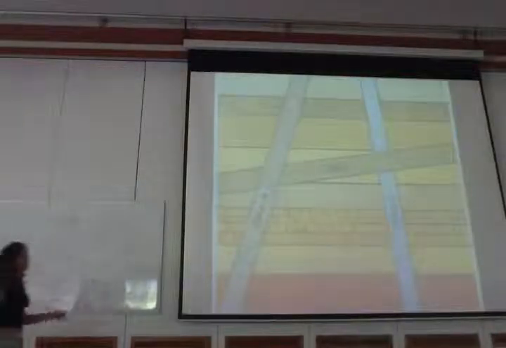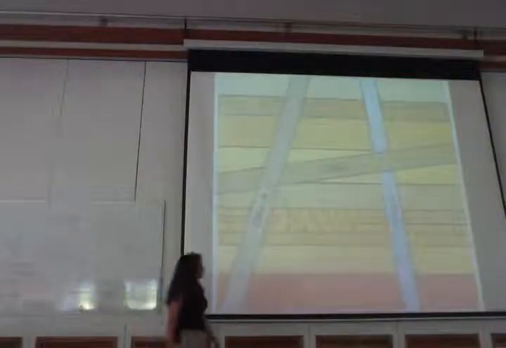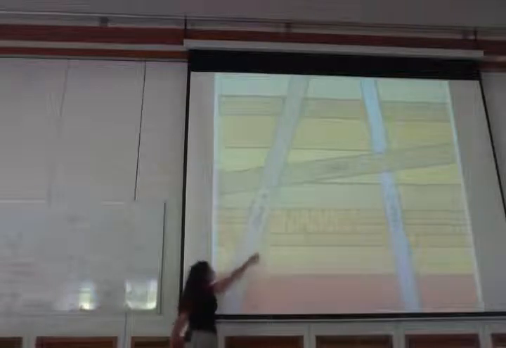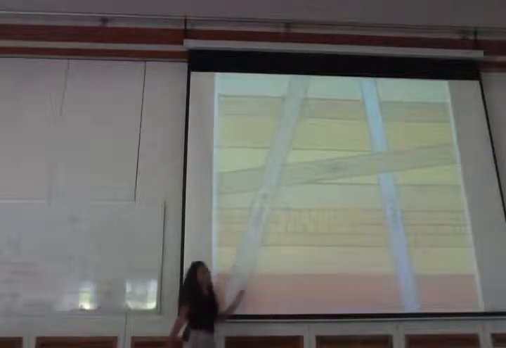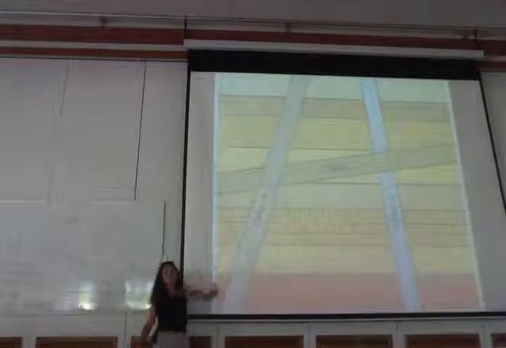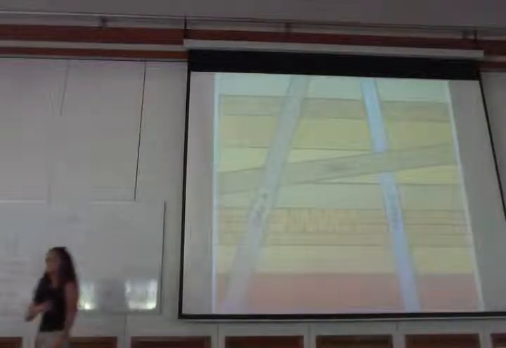So I gave this example in the labs. Here are some nice sedimentary layers. And we have a series of dikes cutting through those sedimentary layers. So the dikes must be younger than those sedimentary layers. They must have come afterwards. However, which dike is youngest? Dike C is younger than the sedimentary layers because it cuts through them.